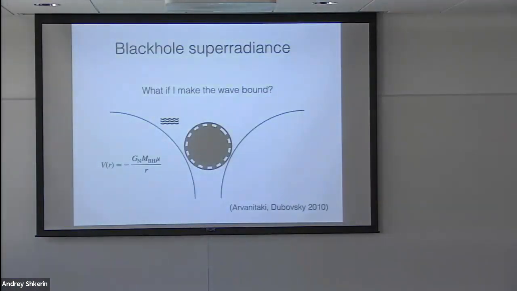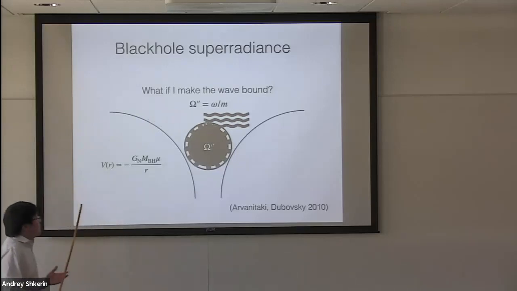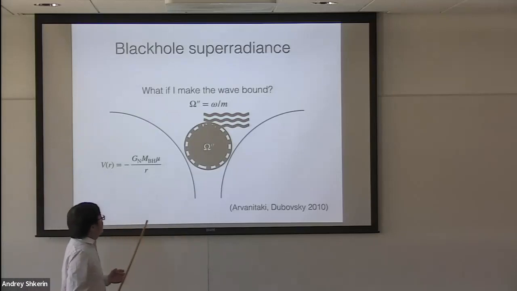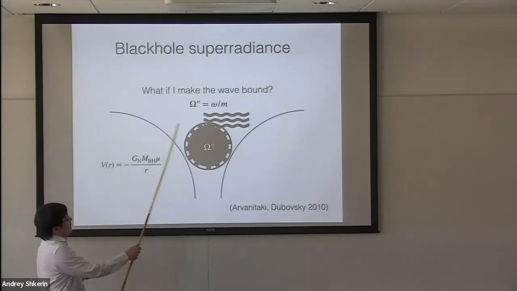So around 2010, Mina and Sergey pointed out that now, instead of having a relativistic wave or a massless wave, like a gravitational wave, if we have a massive particle wave made out of light bosons, like axions and photons, then this wave will scatter with the black hole, but due to the presence of the gravitational potential, it will get bound.